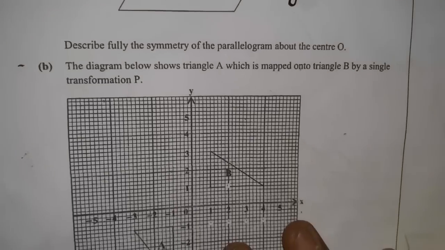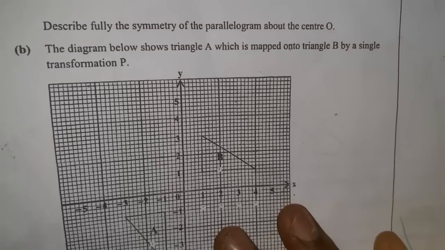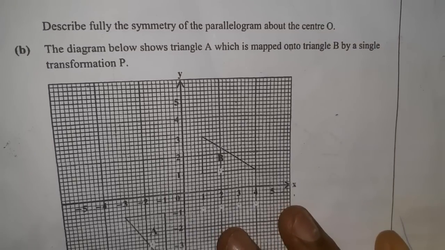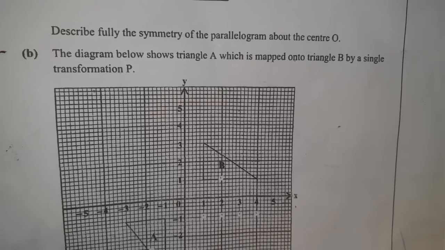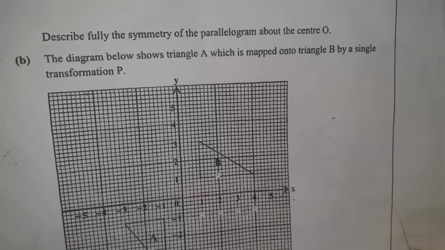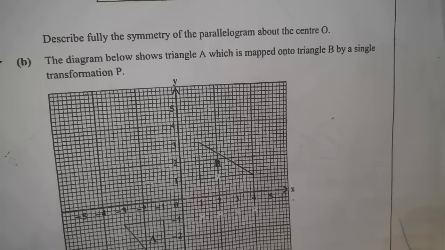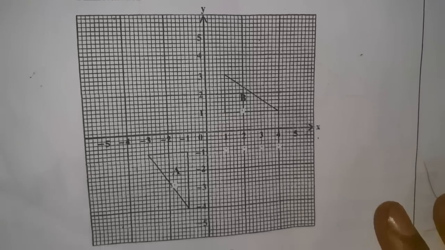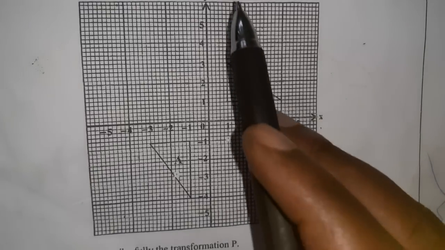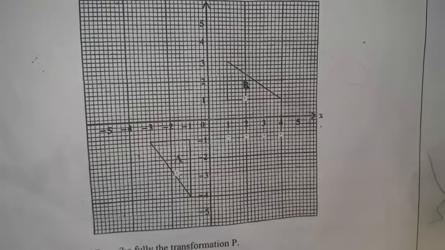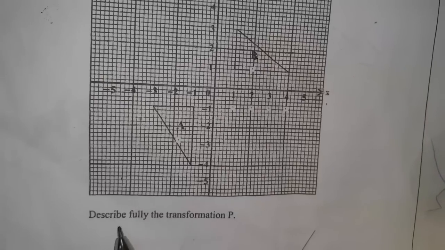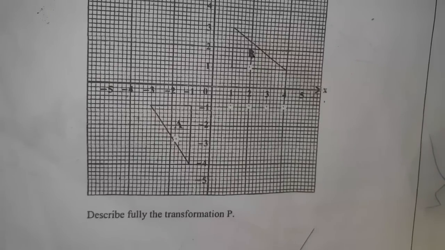We come to B. The diagram below shows triangle A, which is mapped onto triangle B by a single transformation P. All right? A is mapped onto B by a single transformation P. Then the question is, describe fully the transformation.